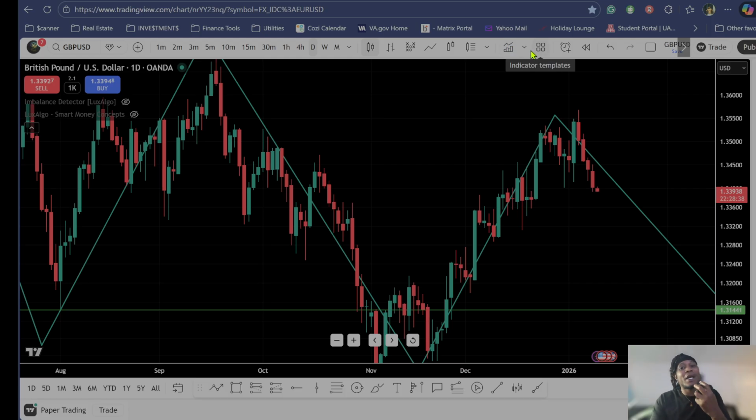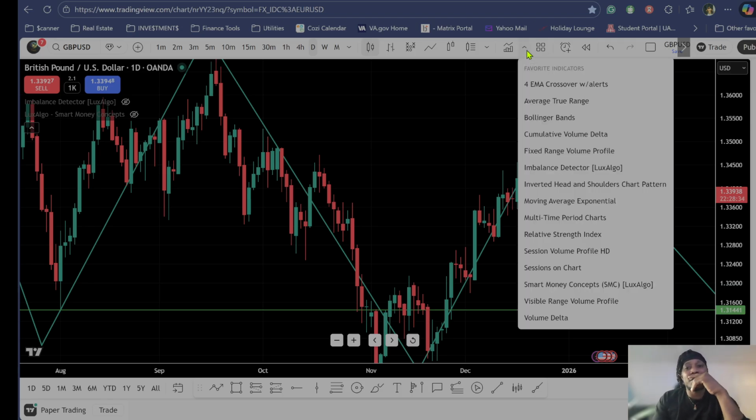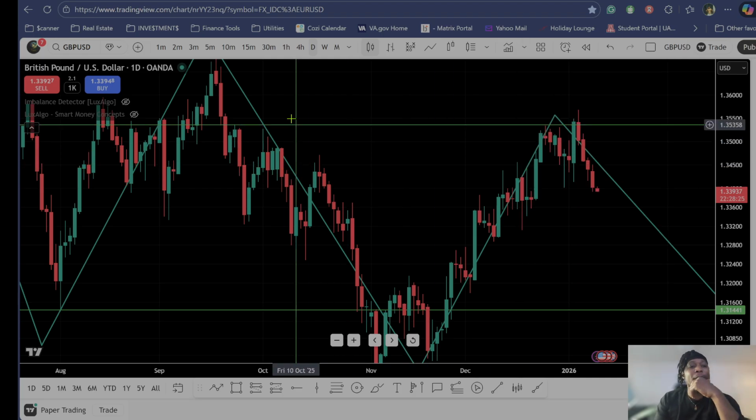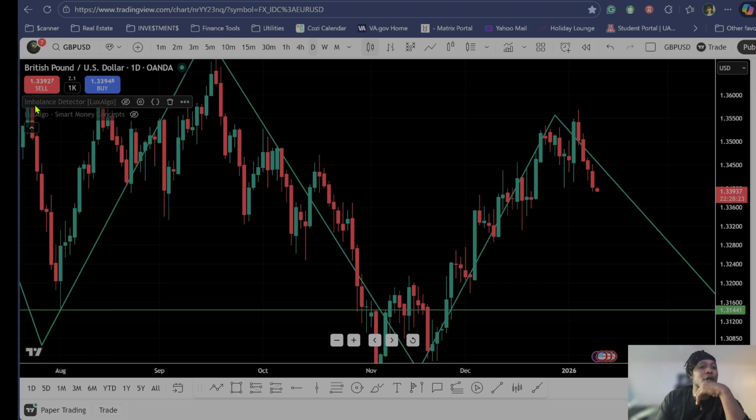I embarrass myself. All right. But in here, I got all my favorite indicators, but there are only two that I'm using so far that I really seem to like. And the first one is called the imbalance detector.